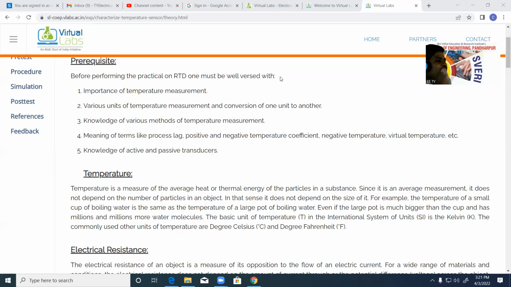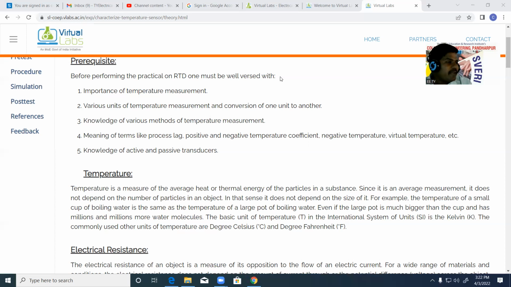That means it does not depend upon quantity or size, nor on the number of molecules. We can see the temperature will be the same, even if the large pot is much bigger than the cup and has millions and millions more water molecules, right? It has millions of water molecules in it, yet we still get the same temperature.